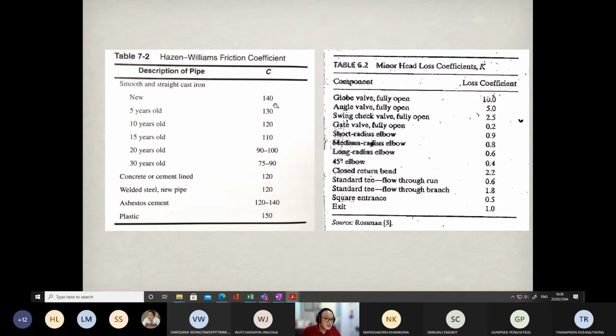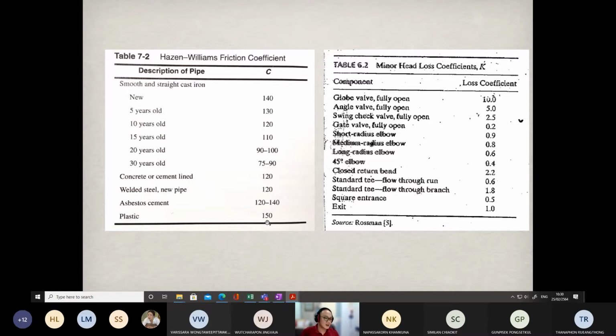The new one, C is 140. But if it's getting older, there is more friction in the pipe wall, so the Hazen-Williams coefficient C is getting lower or reduced. For the concrete or the cement line, the C is 120.